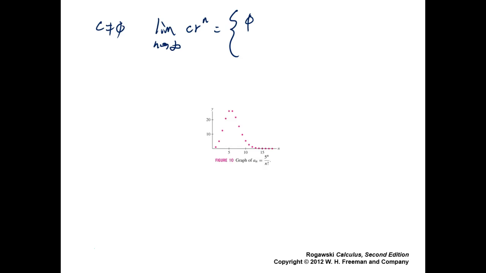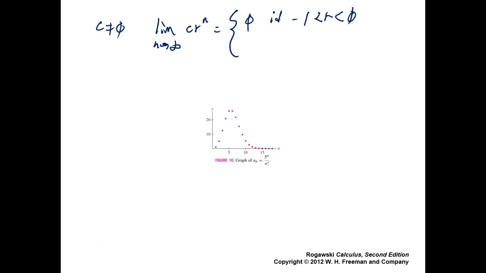It's guaranteed to be 0 when R is equal to 0, obviously. But remember, we also showed that the limit of R to the n as n goes to infinity is going to be 0 when R is between 0 and 1, right? So that's between, if minus 1 is less than R is less than 0.